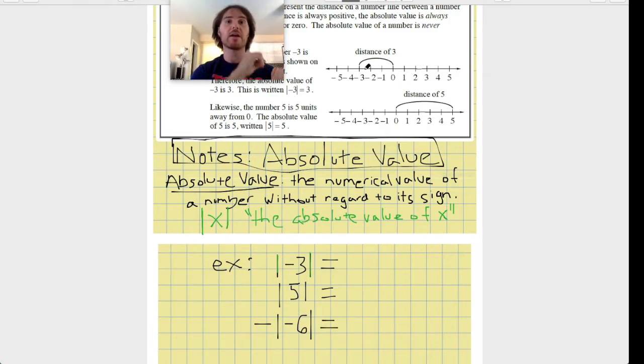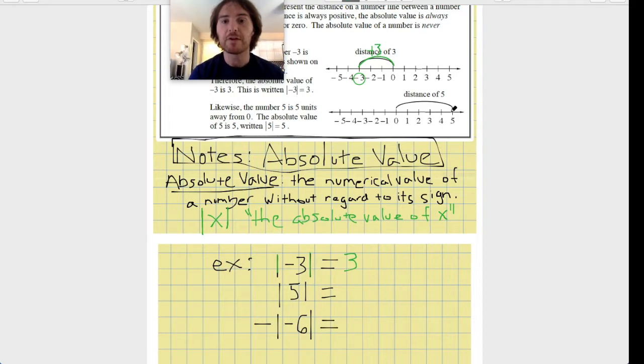Some books will actually define it like this: the absolute value of a number is that number's distance from 0 on the number line. So the number -3 would have an absolute value of +3 because it's 3 away from 0. So there's your answer in this one: the absolute value of -3 equals 3.